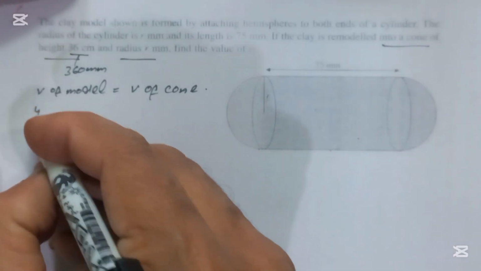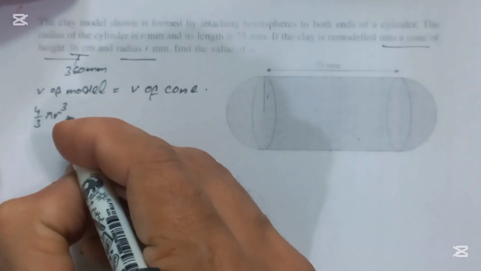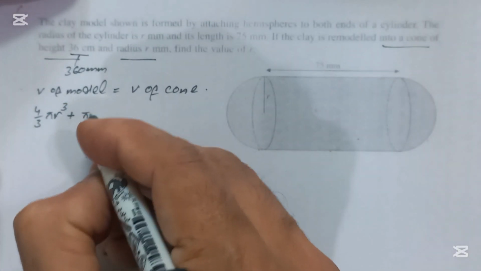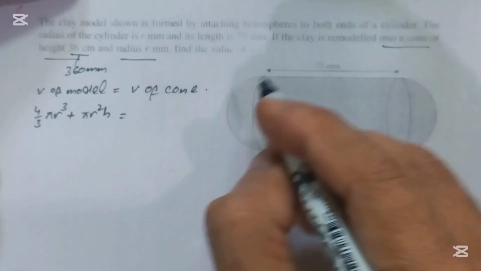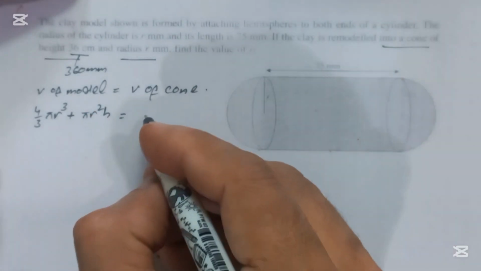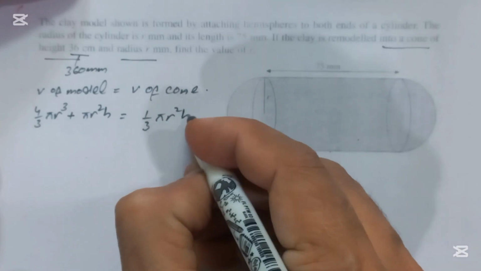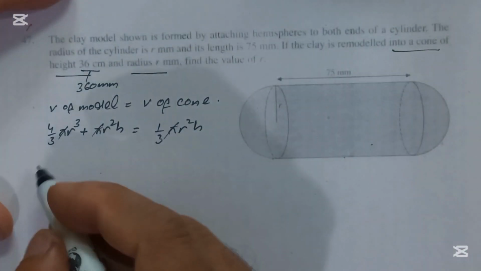So volume of the sphere is 4 by 3 pi r cube. And in between we have a cylinder whose volume's formula is pi r square h. Will be equal to cone. And cone's volume's formula is 1 by 3 pi r square h. Now put the values in the formula.